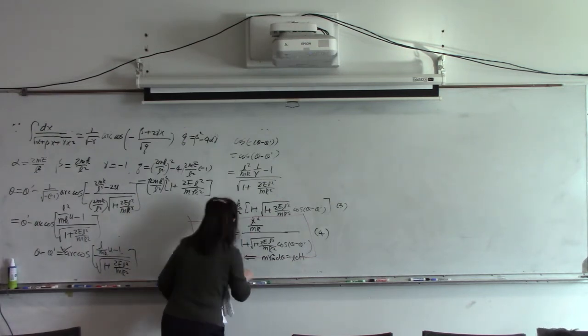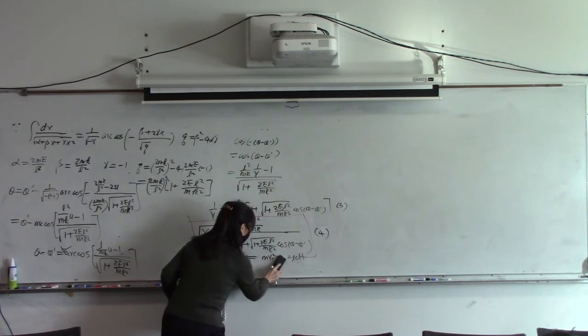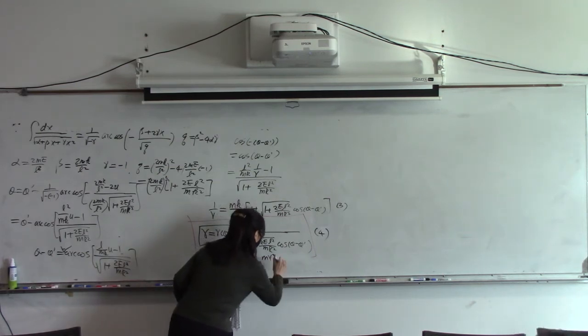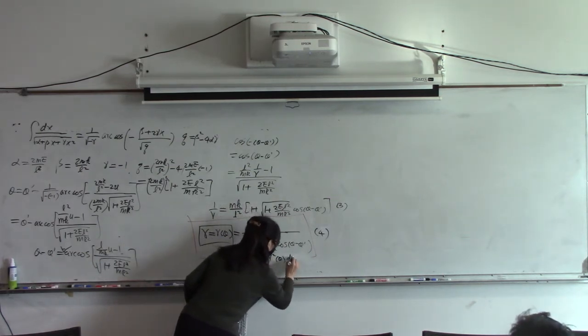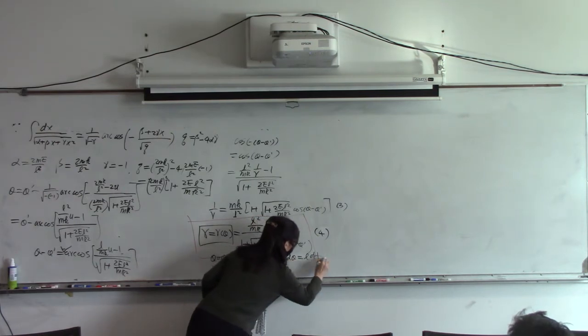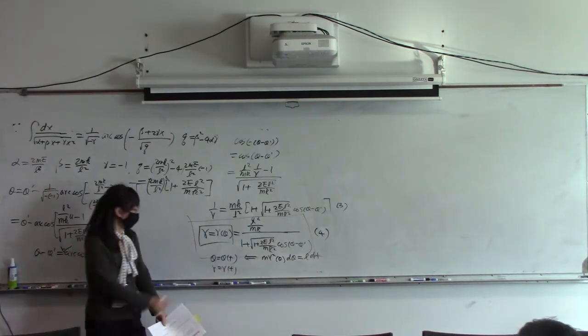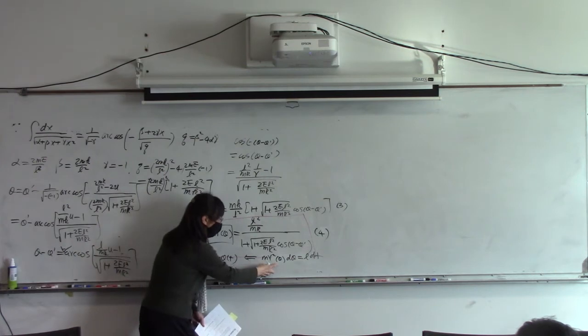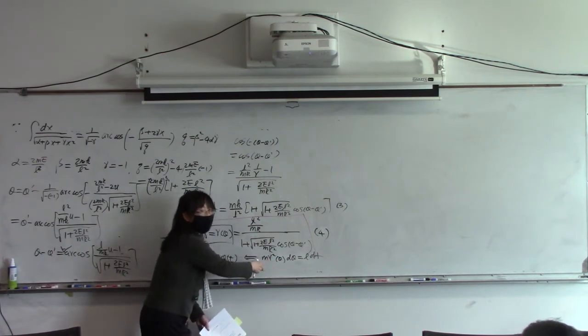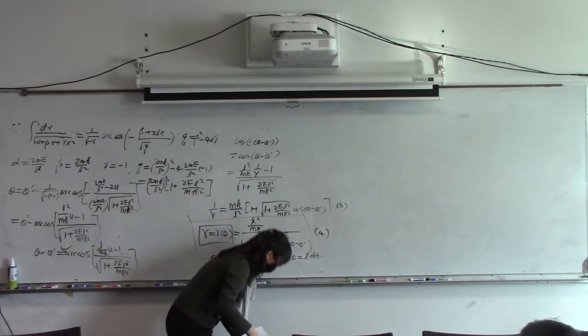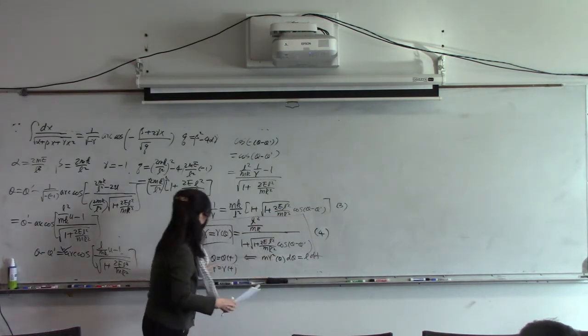Let me just write the details here. Since we have r as a function of theta, in principle we can solve, right? You just substitute this into here, and you do the integral on the left-hand side and the integral on the right-hand side in time. So in principle you can get this.